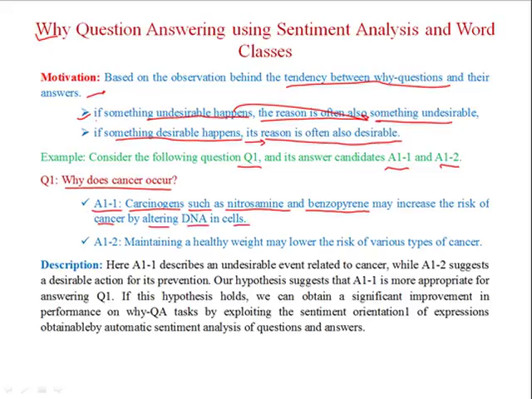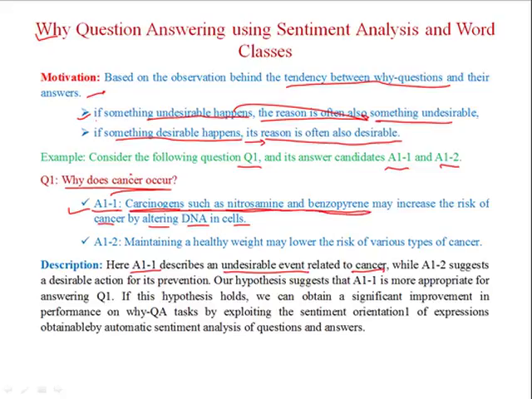If we analyze this answer, we get the information that A11 describes an undesirable event related to cancer. Means something undesirable happens, then some undesirable things are behind it.